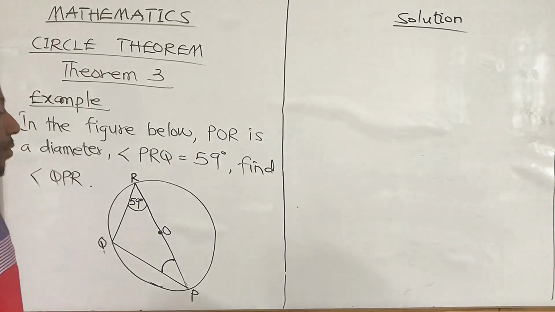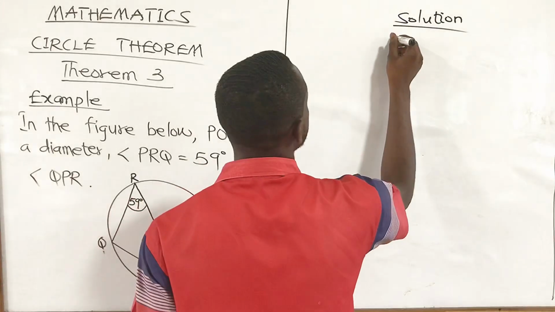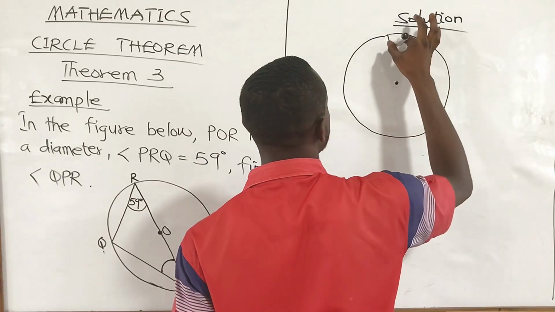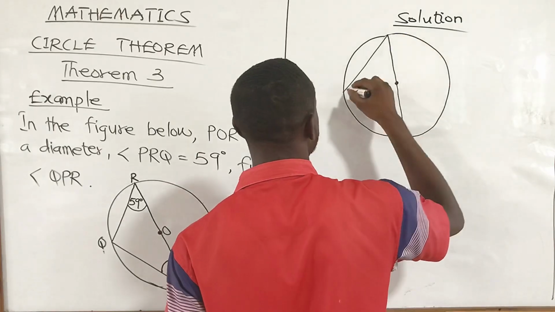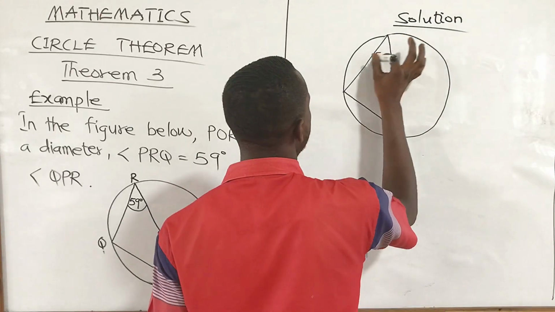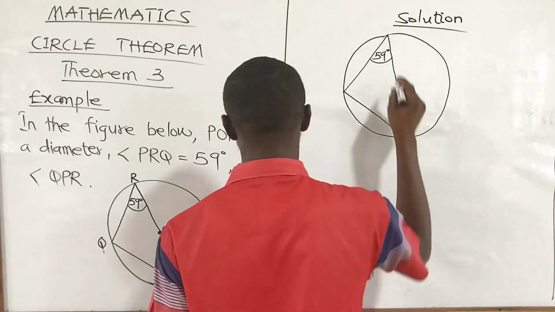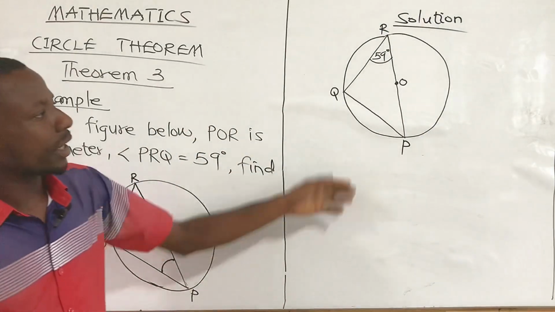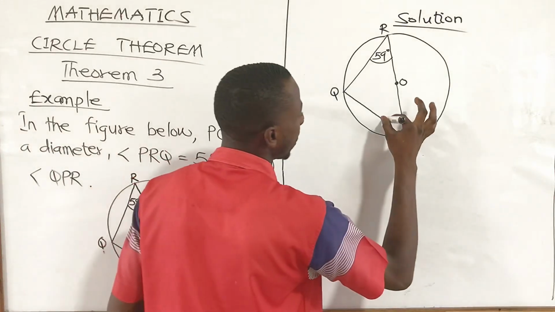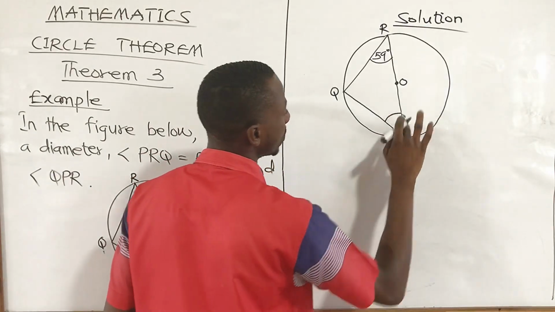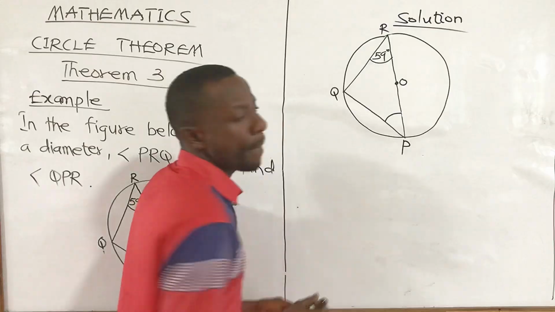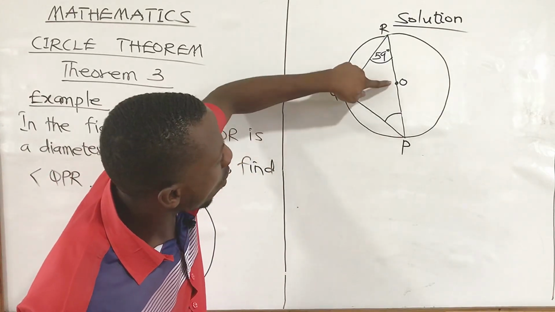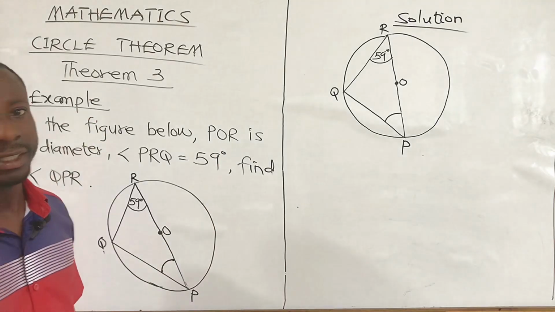So at this point, I am going to resketch. All right. Now at this point, we are supposed to get the angle here. But we all know that POR is a diameter.